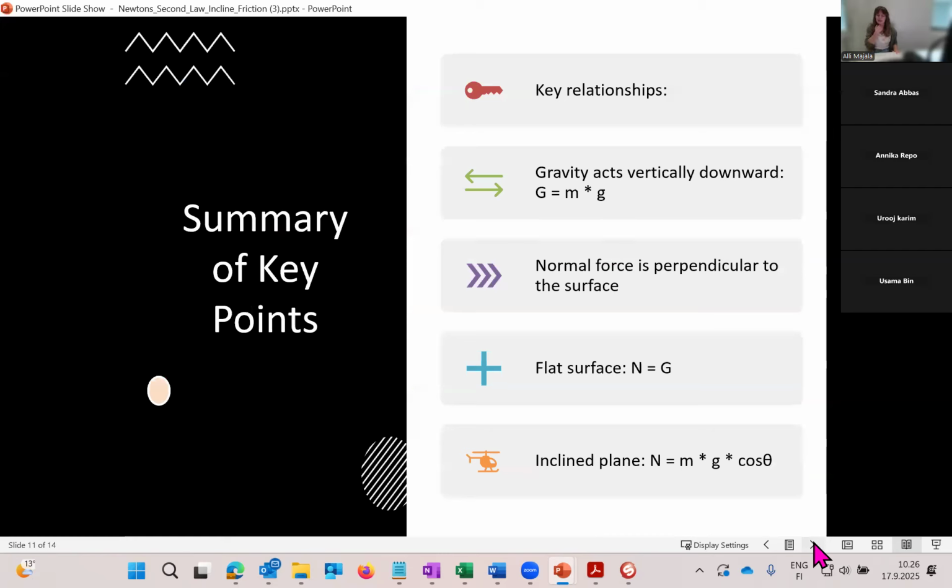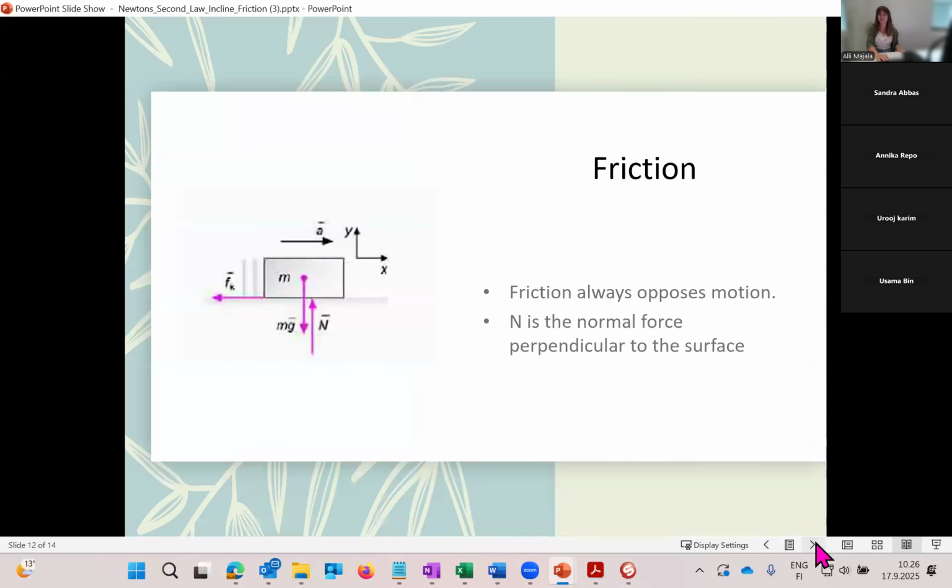It points out that gravity acts vertically downward, and the normal force is perpendicular to the surface. So on an inclined plane, they are now pointing in different directions. So that's why we needed to put this gravity into two components. And then you can calculate the normal force.